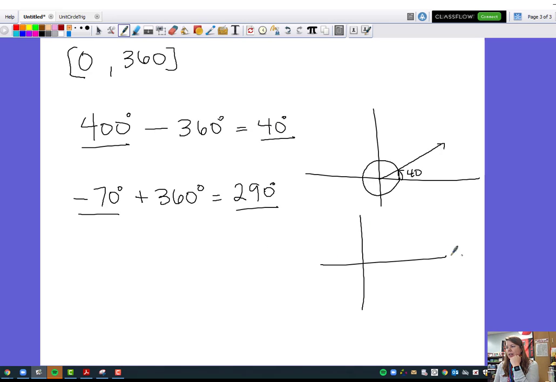When I'm graphing, remember that positive angles go this direction, negative angle measures go that direction. This would be 90 degrees negative, and 70 is going to be just short of that. So this is negative 70 degrees. Or if I go in the positive direction, this would be 290 degrees, or 20 degrees past 270. That's how the positive and negative angle measures work for 360.